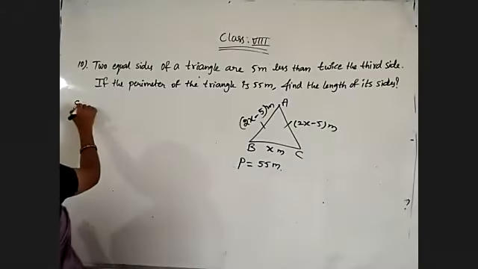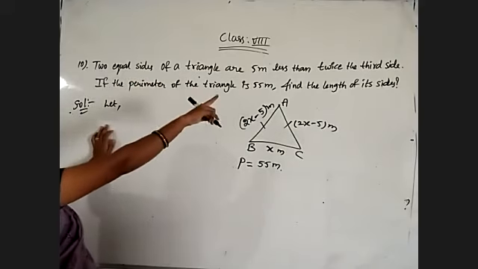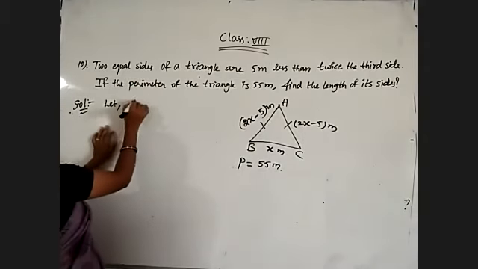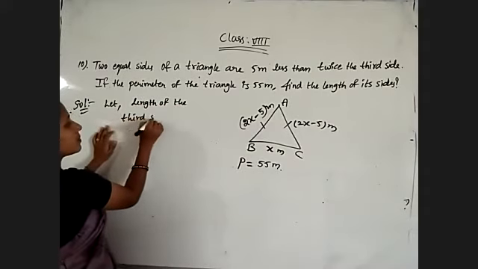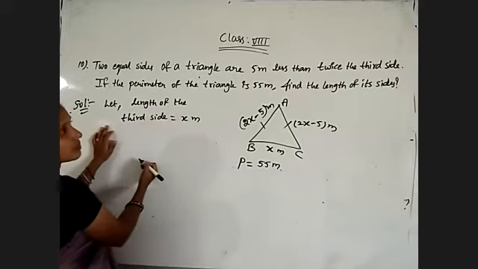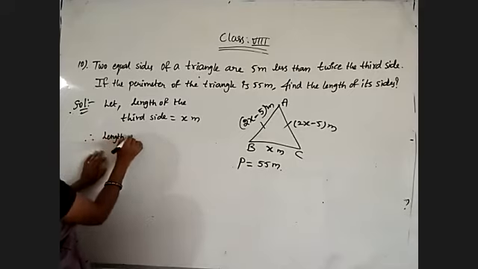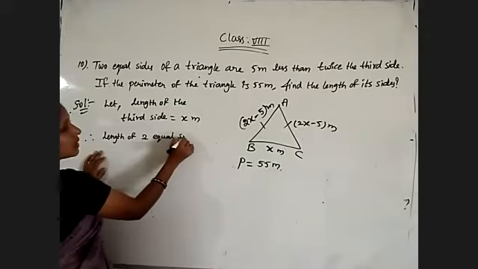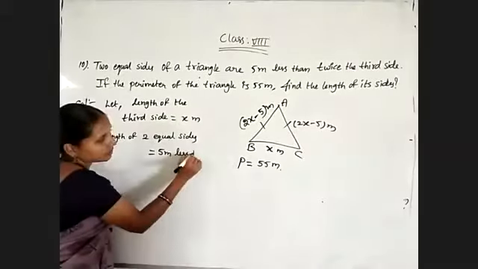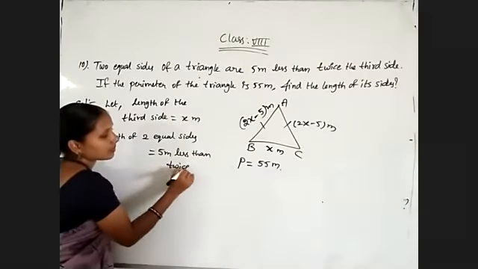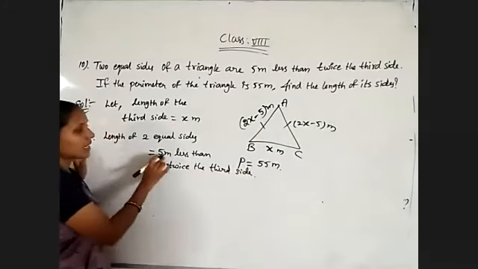So, let the length of the third side be x meters. Therefore, the length of the two equal sides will become, as given in the question, 5 meters less than twice the third side.